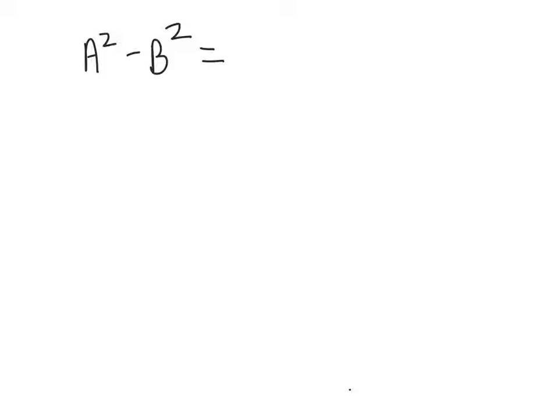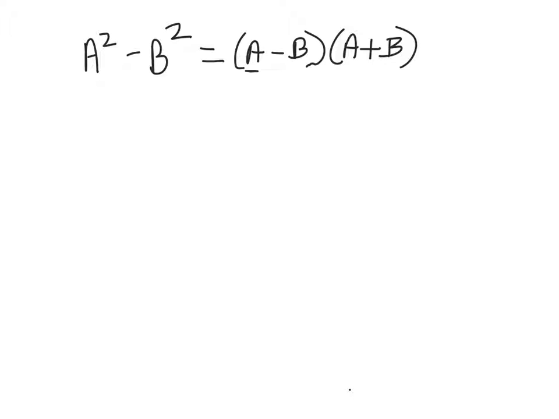And when you have that, you can always factor the difference of squares by using this little formula. A minus B times A plus B. So let's look at what we've got here.